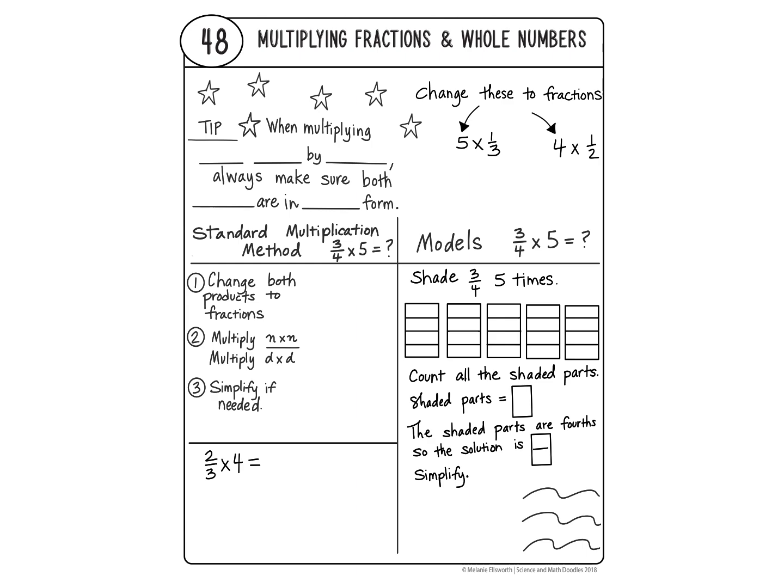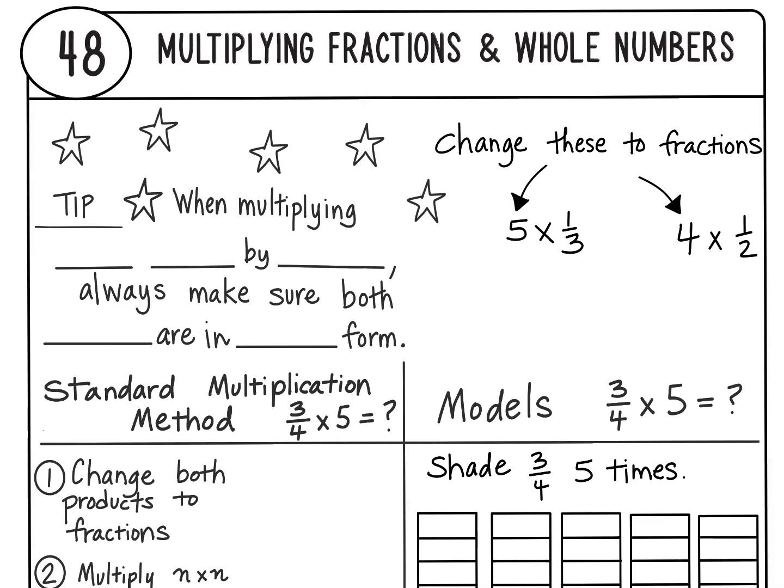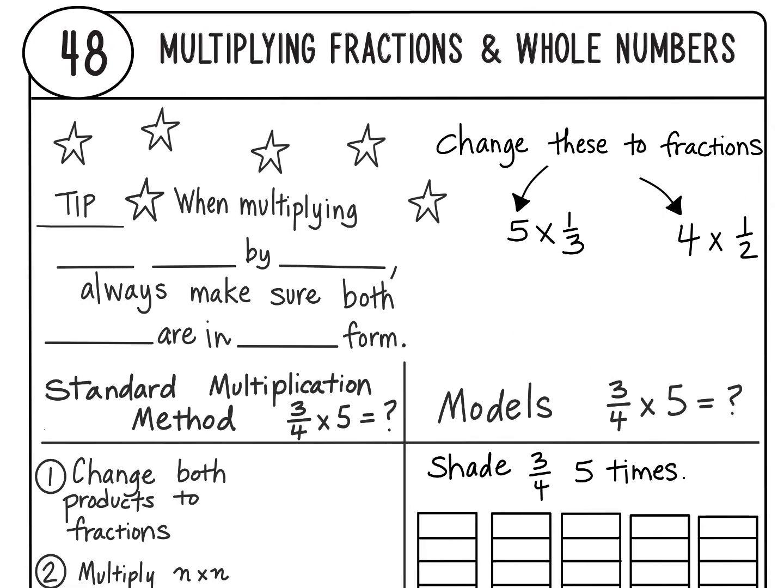Okay, it says, tip, when multiplying whole numbers by fractions, always make sure both products are in fraction form. Okay, so we're going to change the whole numbers to fractions.